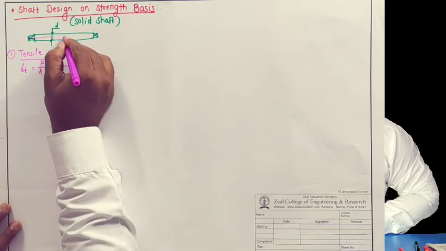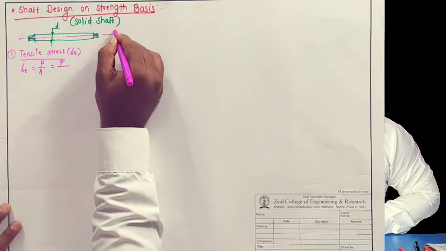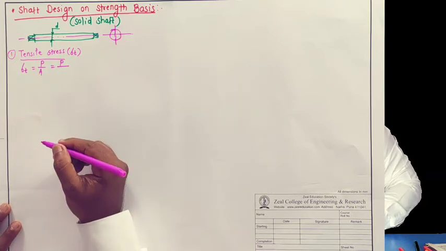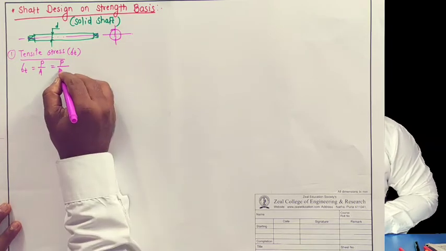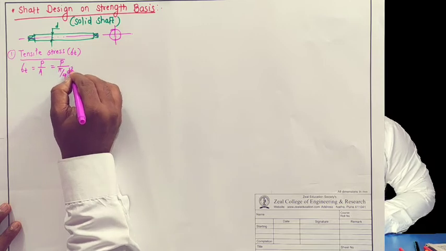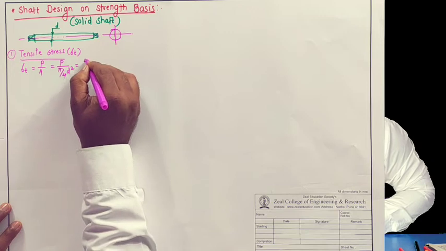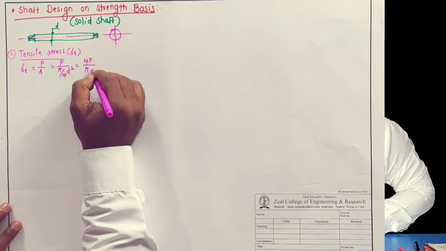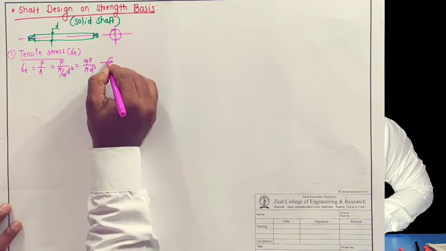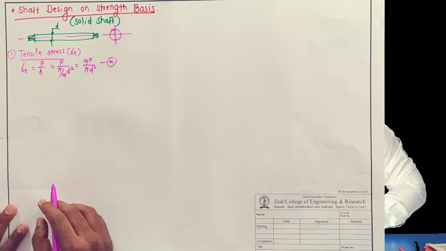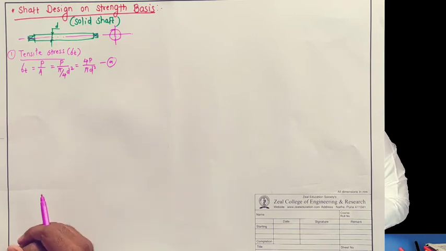The cross section is always circular, so its area is pi by 4 d square. Simplifying this, sigma T equals 4P by pi d square, equation 1. So this is the shaft design on the basis of tensile strength.